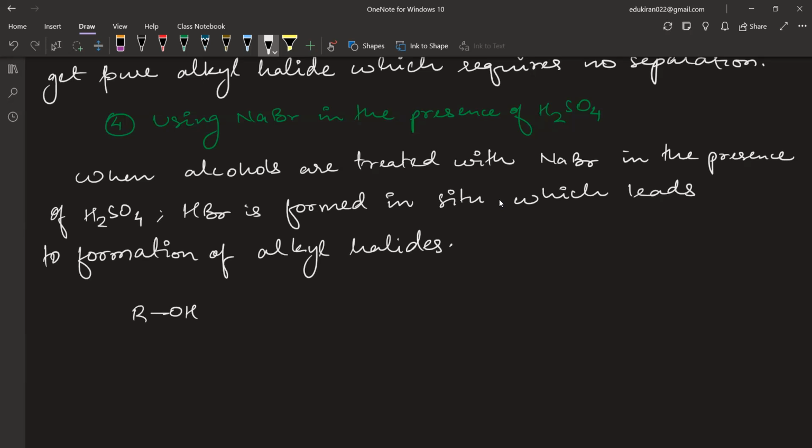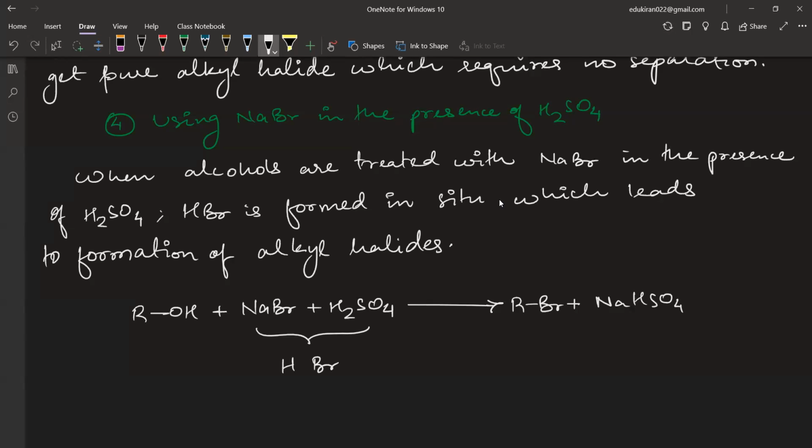We have ROH plus NaBr plus H2SO4, and these two form HBr in between, which leads to the formation of RBr plus NaHSO4, and water is released. HBr is formed in situ, meaning between the reaction.